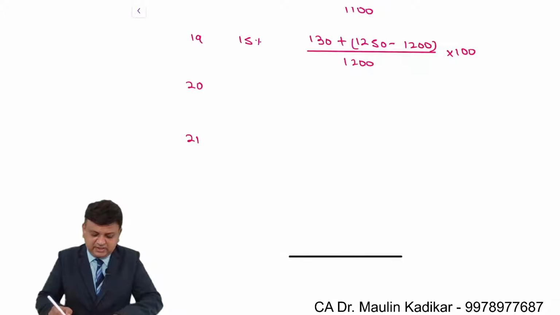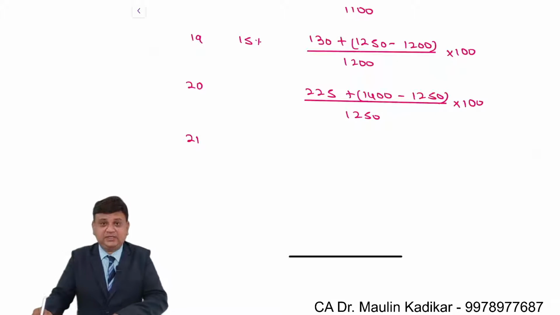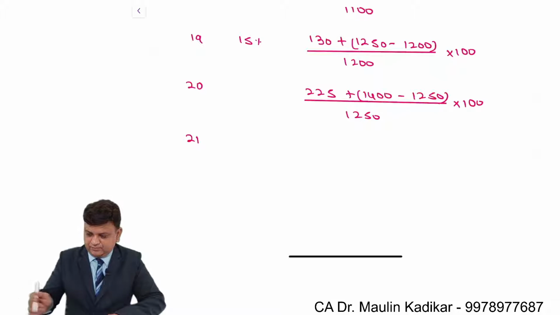In 2020 it is 225 plus 1400 minus 1250, divided by 1250, into 100 once again to get the answer in percentage terms. So in that case the answer is 30%, and for the last year it is 10% negative.